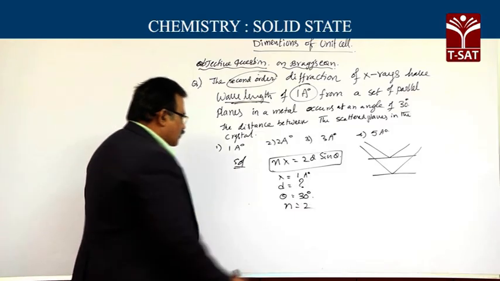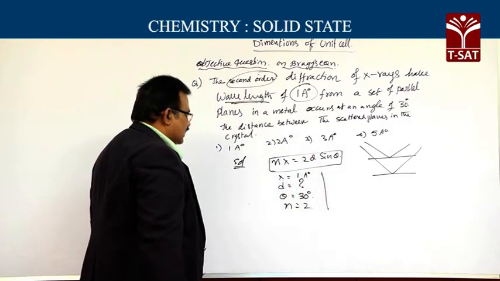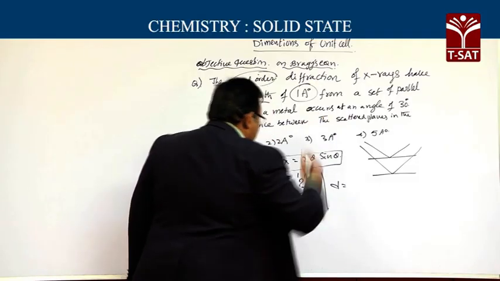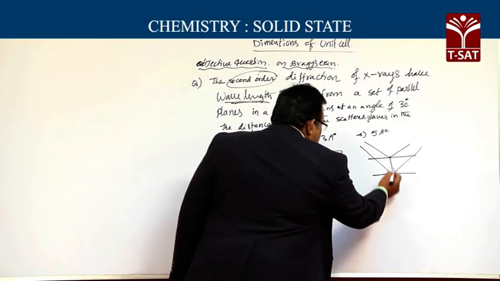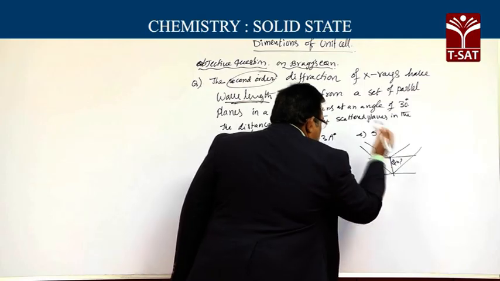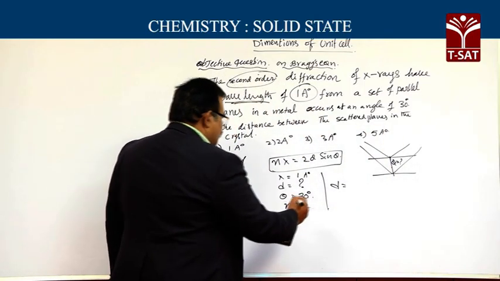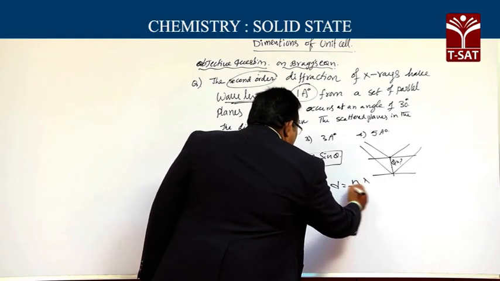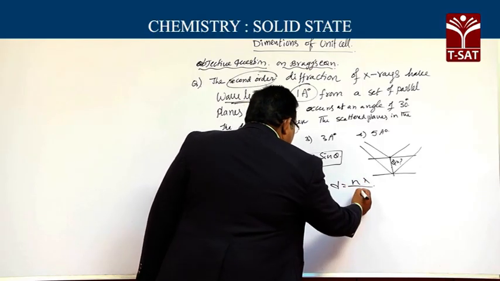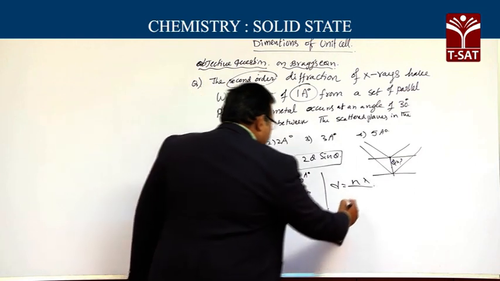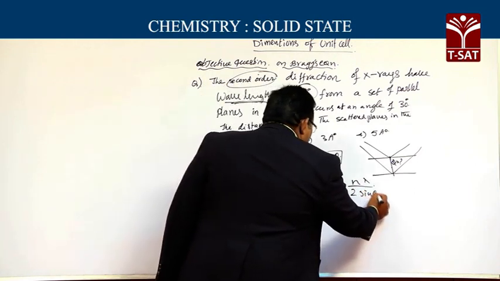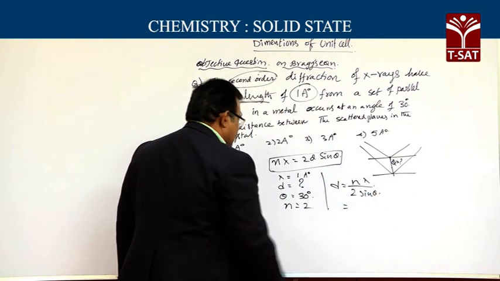Now find out the distance between these two planes. So distance d is equal to n lambda by 2 sin theta.